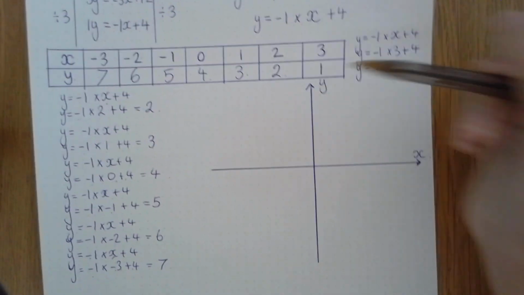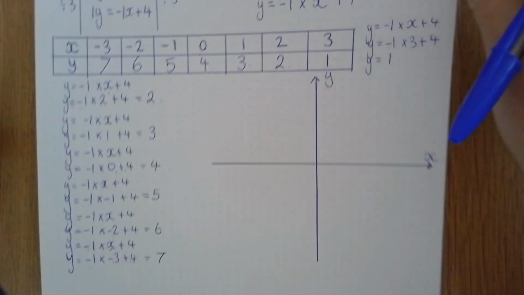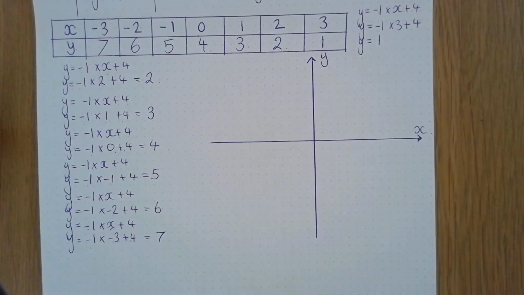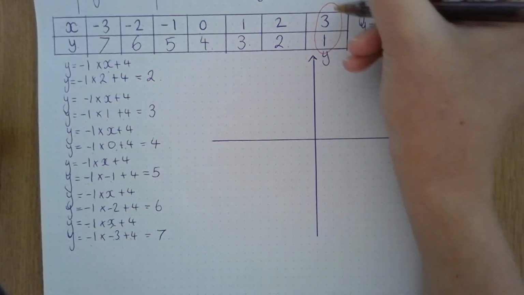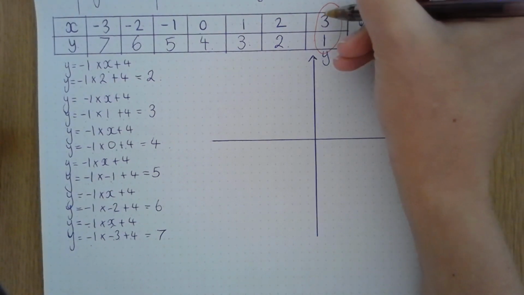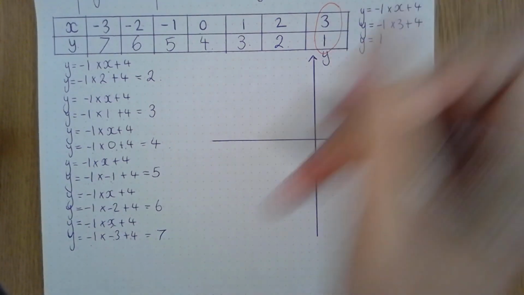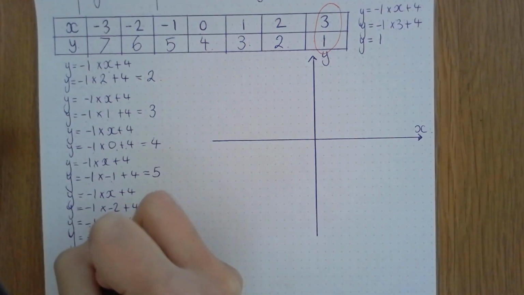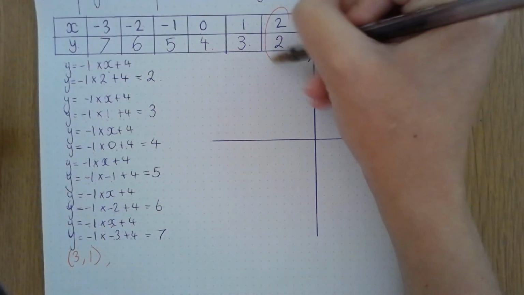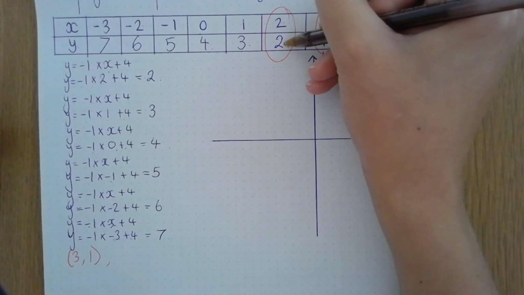So I need to make these into pairs of coordinates. So I'm going to get my different coloured pen. So this is one coordinate. Remember, this number comes first at the top, so it's 3, 1. Then this coordinate, so it's 2, 2.